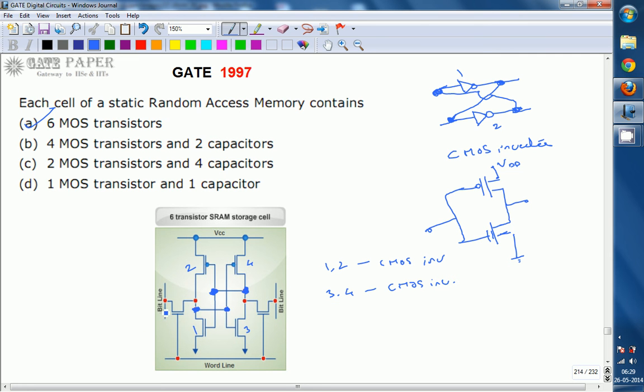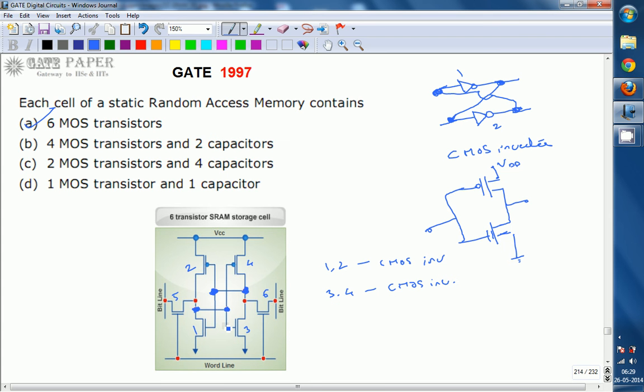These two transistors act as switches. In total it is a 1 bit memory, formed by transistors 1, 2, 3, 4, and transistors 5 and 6 act as switches. They are used to access the information as well as keep it, that is, for writing as well as reading.